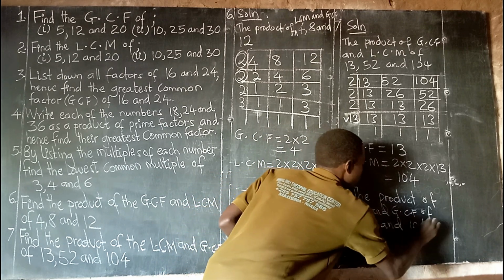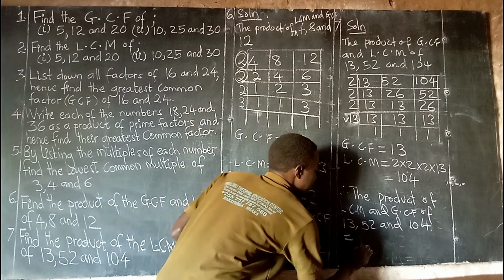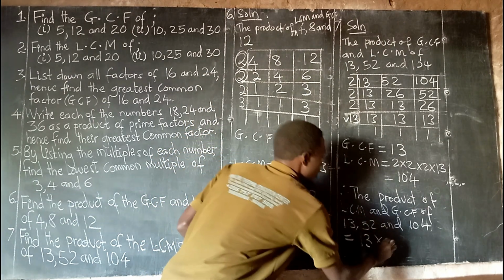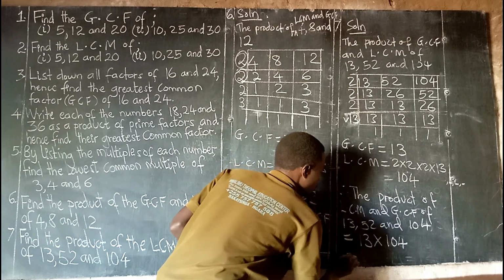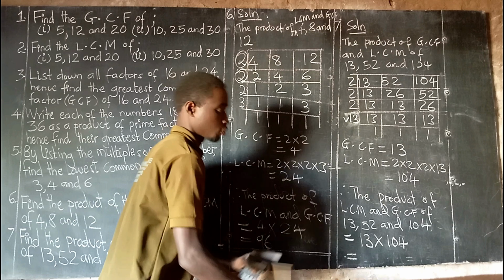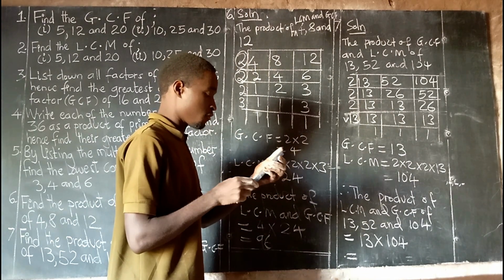The GCF is 13, and 104 is the obtained LCM, so we have 13 times 104 times 104.